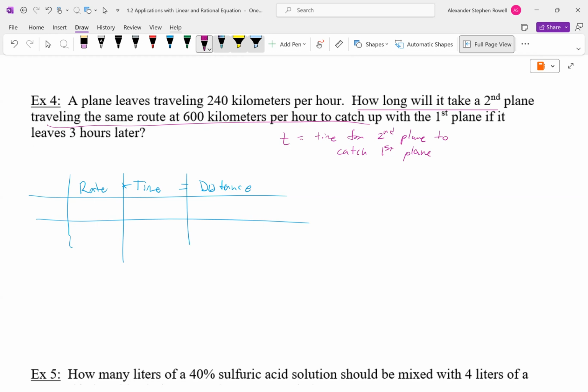And with time, one leaves first, another leaves second, and catches up. All right, and in real time. So that's my diagram. Let's set up the equation and we'll refer back to the diagram.